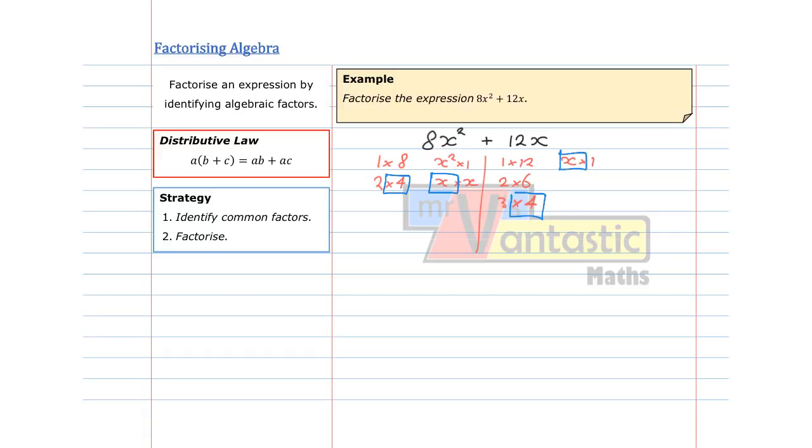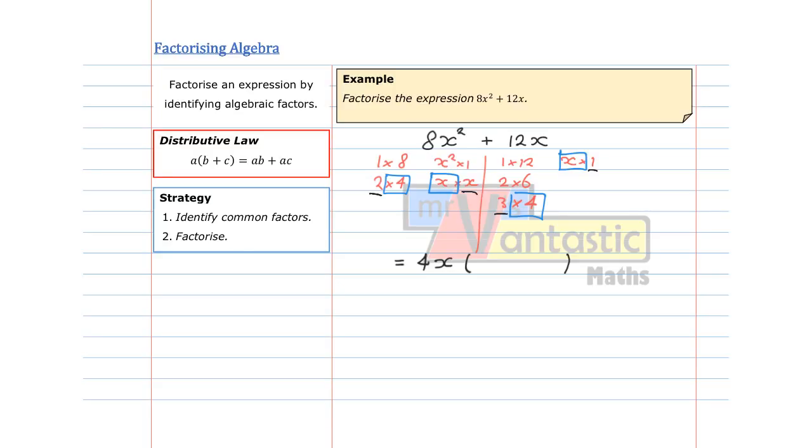So when I'm rewriting this into the factorized form, 8x squared plus 12x, we're going to have the term 4x in front of this bracket, because they were the common factors that both of these lists have. And what we're going to do is take these leftovers, the 2x and the 3 times 1, and they're going to go inside of the bracket.